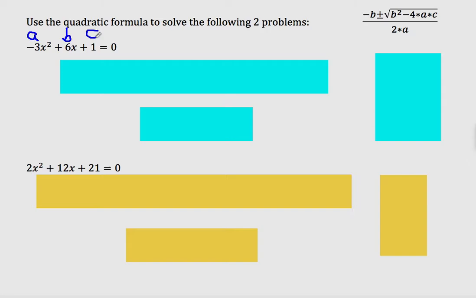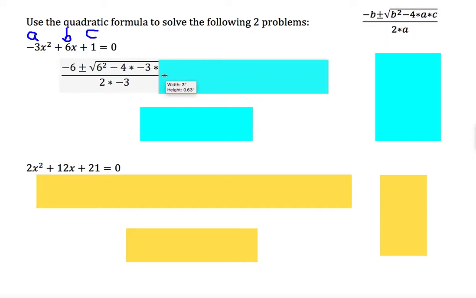So in this case, when I set up the equation, I'll start off with -6 in the numerator, and then plus or minus the square root of 6 squared minus 4, and the -4 is just in your equation, times your A value, which is -3, times your C value, which is 1, and then in the denominator we have 2 times -3, because our equation has 2 times your A value in the denominator.